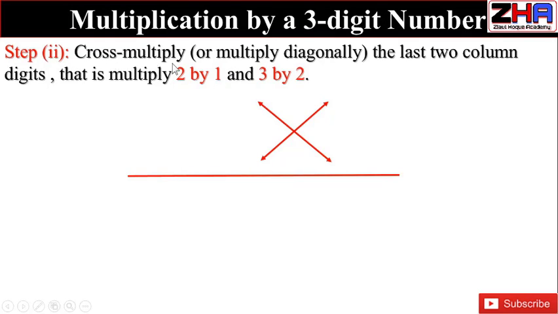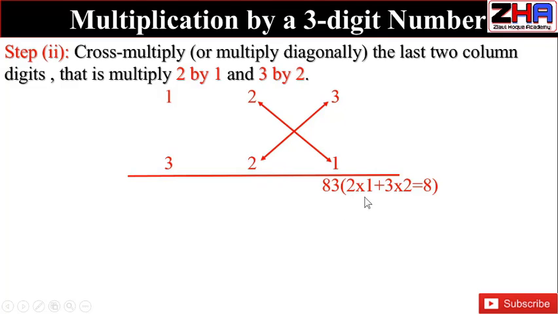Step 2. Cross multiply or multiply diagonally the last 2 column elements. Here the last 2 column elements are the third column and second column. That is, multiply 2 by 1 and 3 by 2.